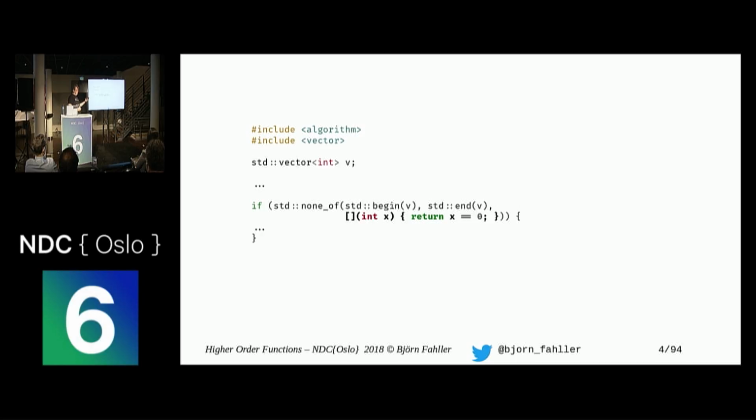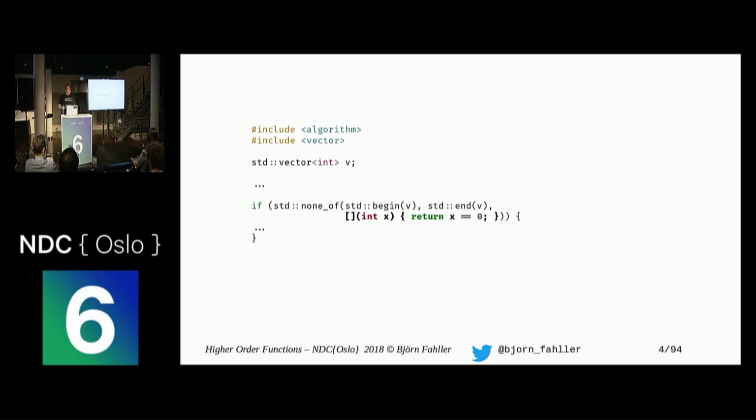It's none_of, one of many higher order functions in the standard library. So we say if none of the values in the vector v are equal to 0, then something. So we call none_of with the lambda that is a function. So none_of is a higher order function. It takes a function as an argument.